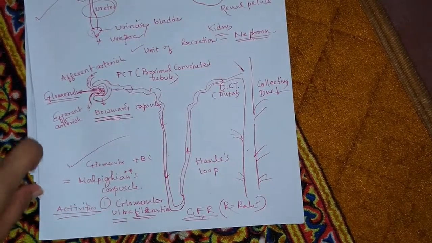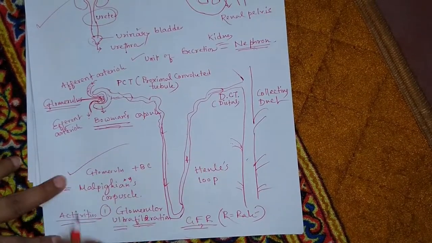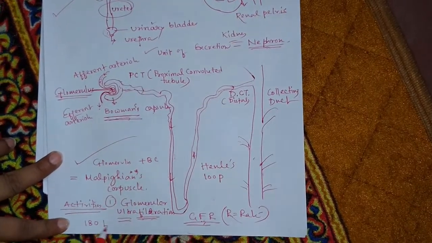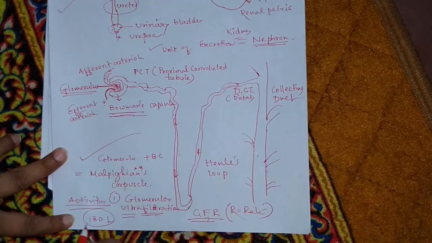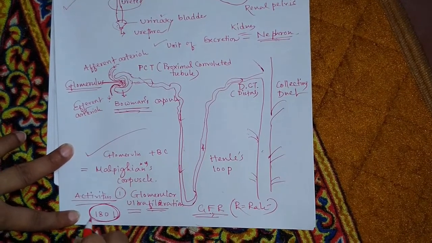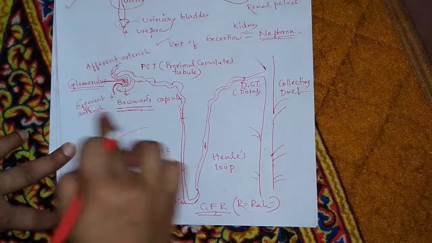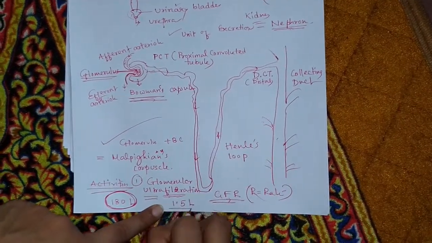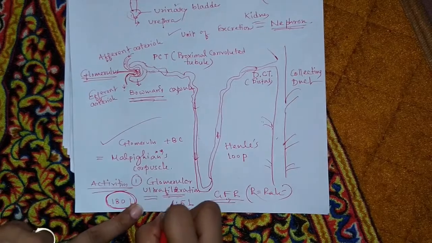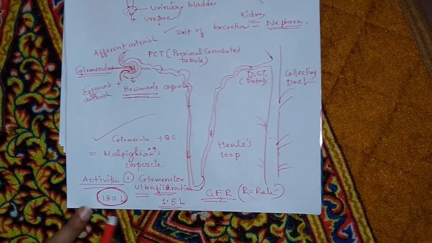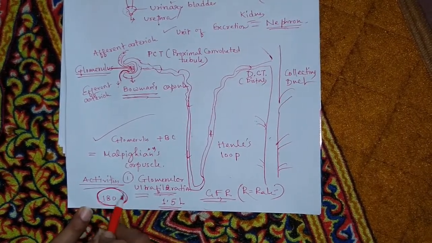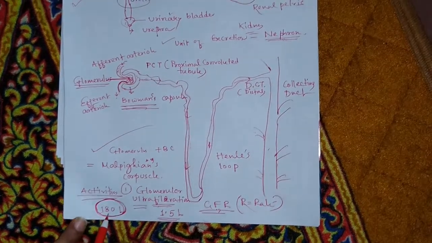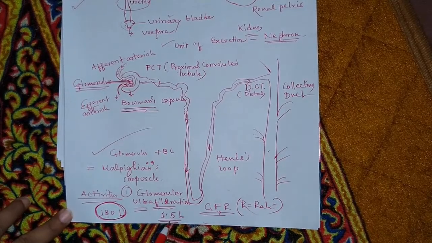GFR, glomerular filtration rate. Every day, the nephrons altogether filter 180 liters of water. Not a matter of joke. 180 liters of water is ultrafiltered here, and only 1.5 liters goes outside through urination. I'm repeating, in both kidneys 180 liters of filtration is done, and normal human urination is 1.5 liters.